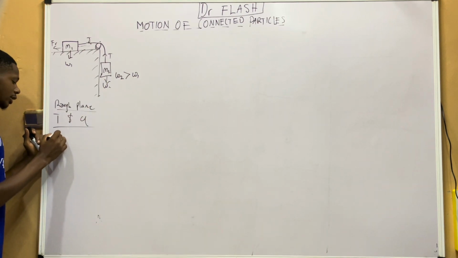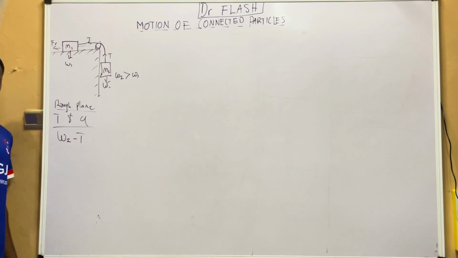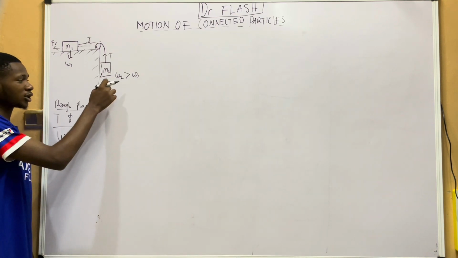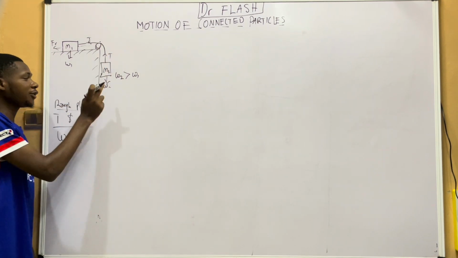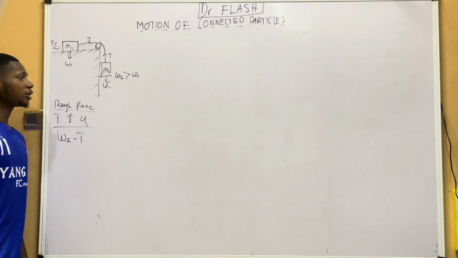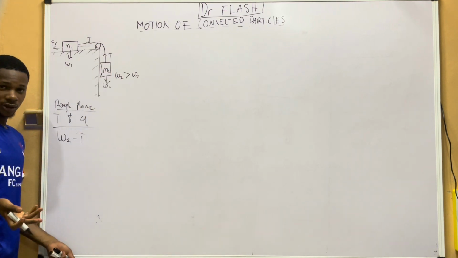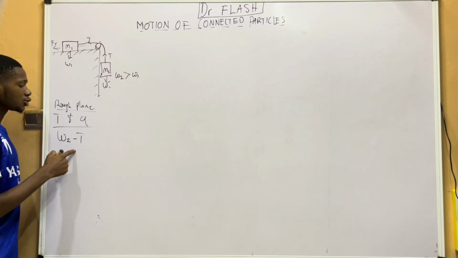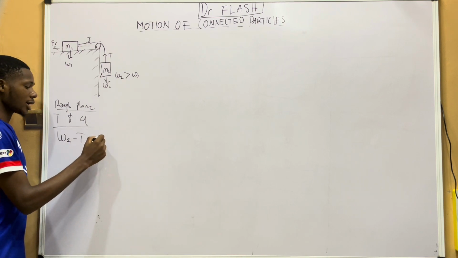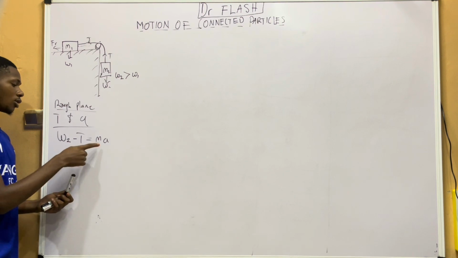The weight W2 minus T gives the resultant force, since the vector acting downward is greater than the one acting upward. So W2 minus T is equal to the mass times acceleration.